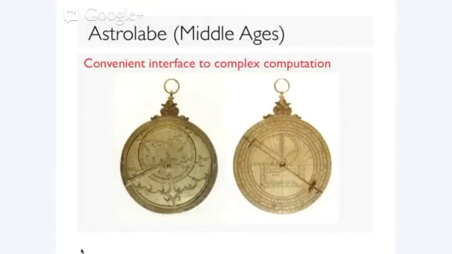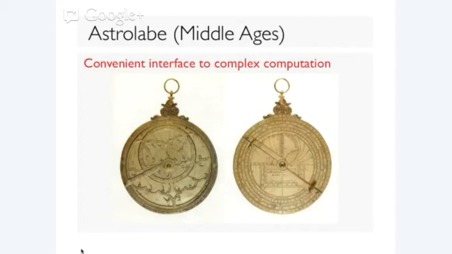And one of the really interesting ones is the astrolabe. That was used in the Middle Ages to tell the time. And you would find out what the time of day is by a simple observation of either the sun or a known star. And it took into account the season and the latitude of your observation.